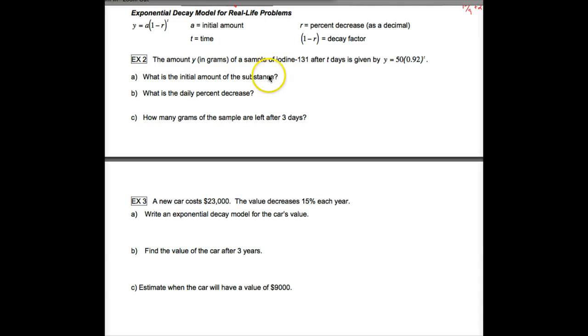So here, what's the initial amount of the substance? So that would be A. So I look at my formula and I see my A was 50. So it says amount in grams, so 50 grams is going to be my initial amount. What is the daily percent decrease?